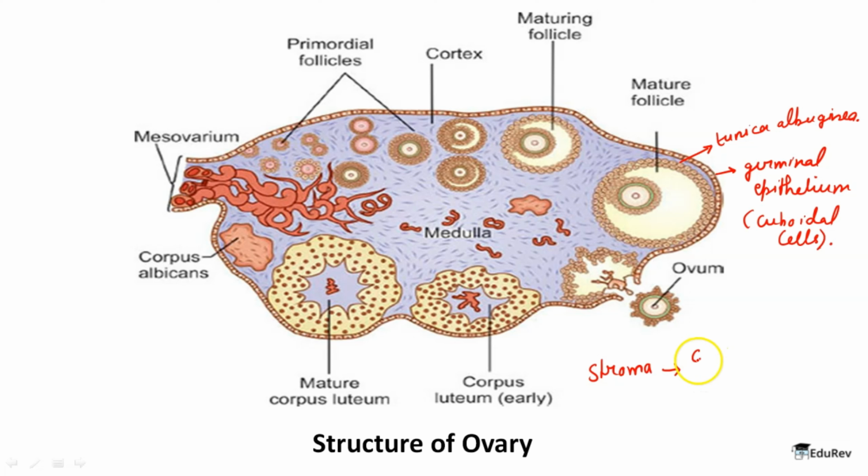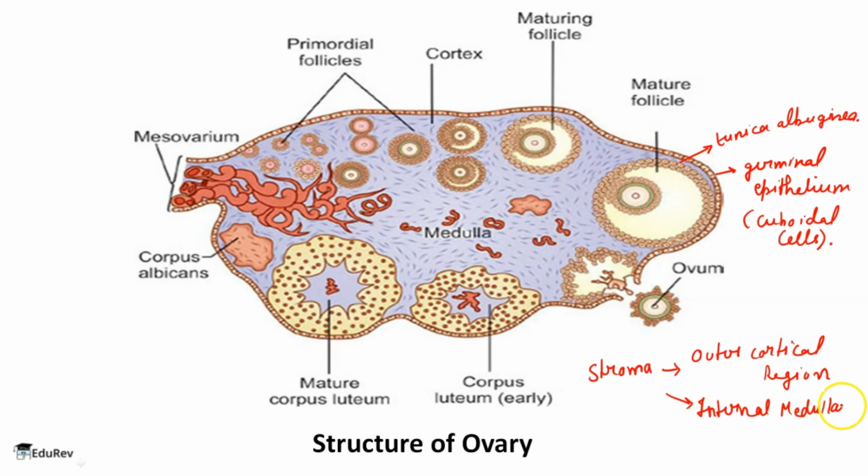One is outer part, which is our outer cortical region, and other is internal medullary region. Okay, so it is divided into these two parts. Outer cortical region is known as our cortex part, and internal medullary region is known as our medulla.